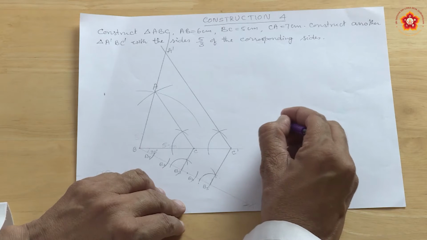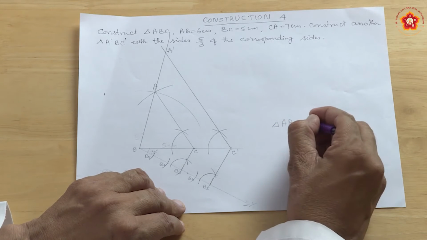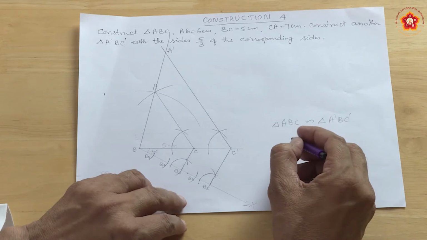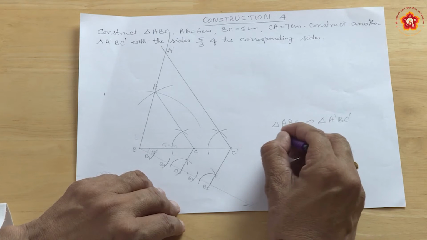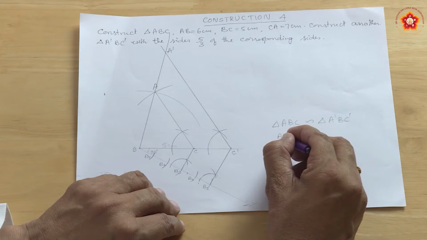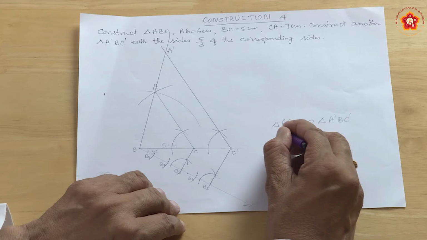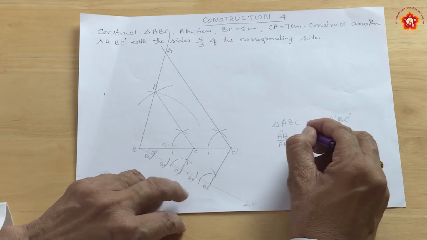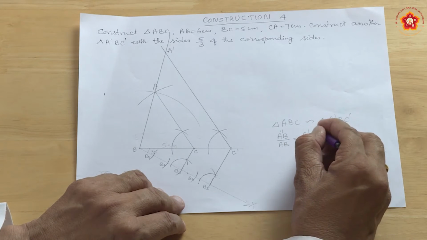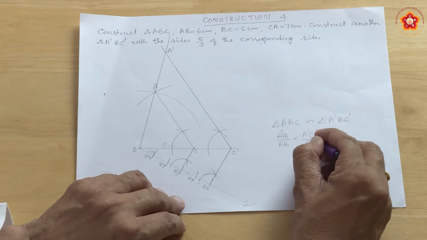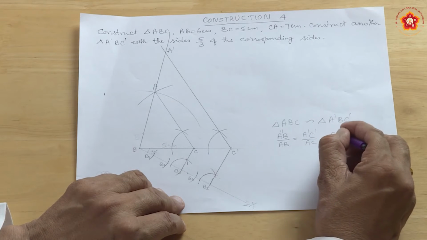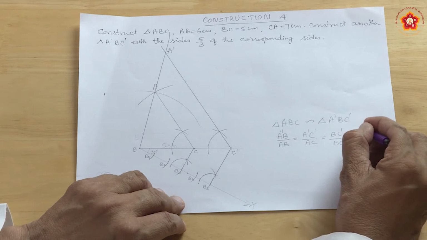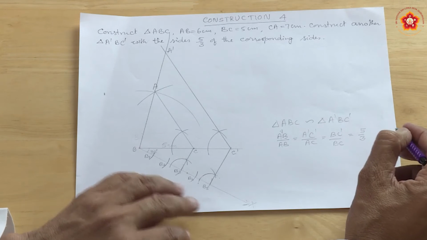Now, what do you see here? Triangle ABC is similar to triangle A dash B C dash, and hence the ratio of sides A dash B by AB is equal to A dash C dash by AC is equal to BC dash by BC, and the ratio is 5/3, all of them are equal.